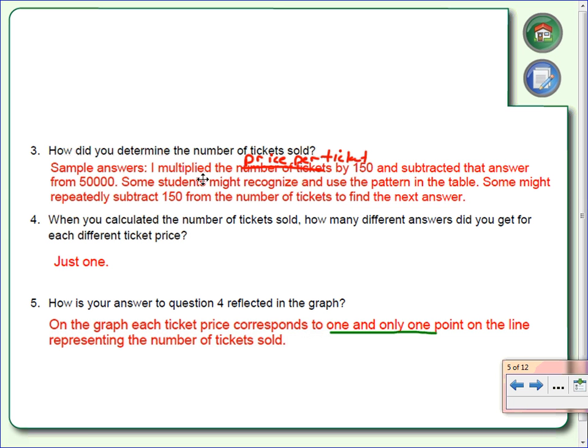So again, on the graph, each ticket price corresponds to one and only one point on the line represented by the number of tickets sold.